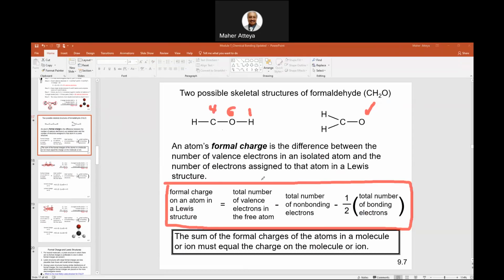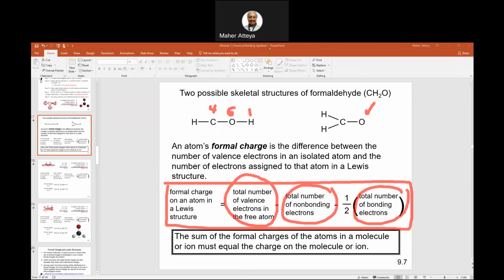So total of each atom by itself minus total number of non-bonding electrons, then minus the total number of bonding, correct? And then I'll show you a shortcut out of this. You will learn it very, very quick. So the formula says the total minus total of non-bonding minus half of the bonding.